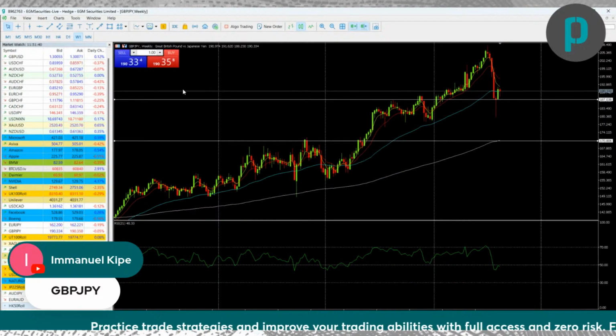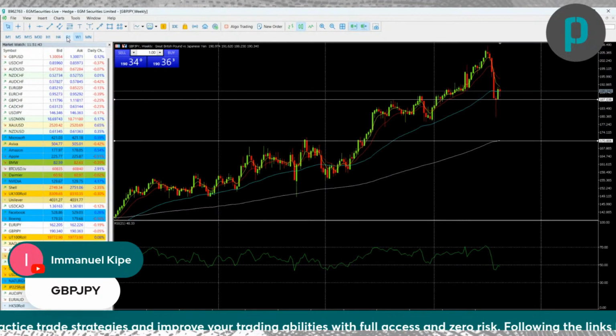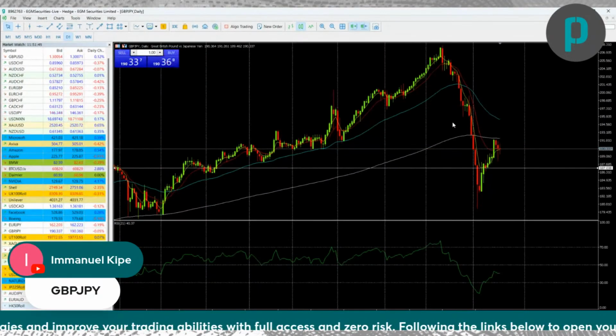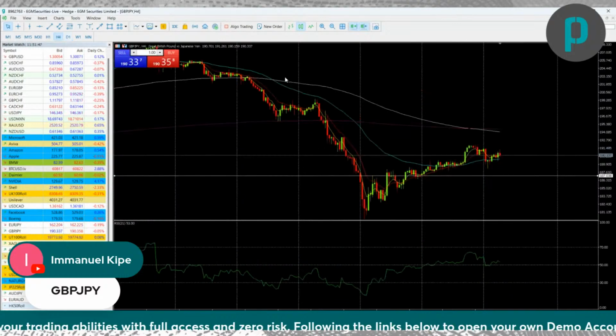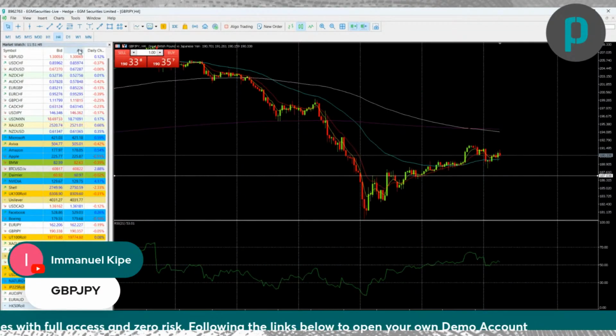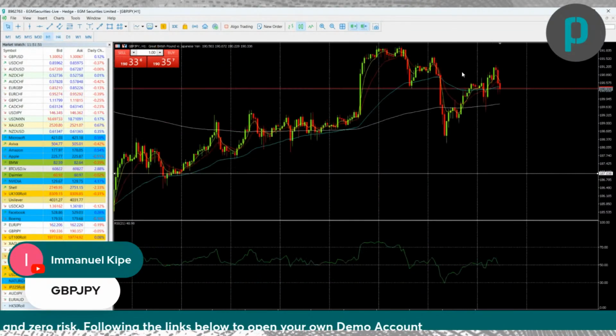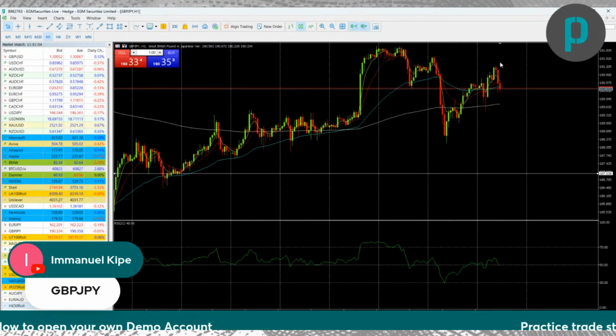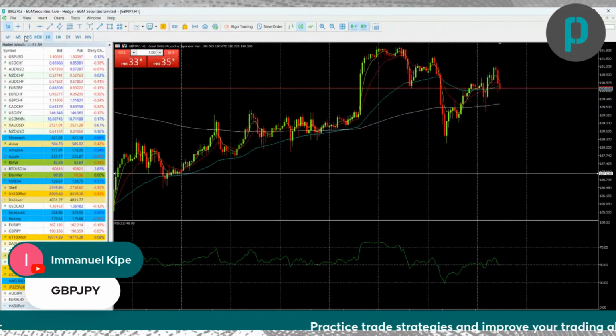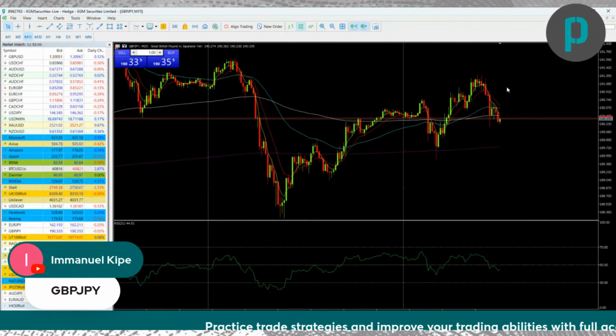However, if we're looking for intraday or even intra-week positions, what are we looking at? I'm looking at an opportunity to sell GJ. If you look at this candle over here, this is more of an evening star. So we should be looking for opportunities to sell.